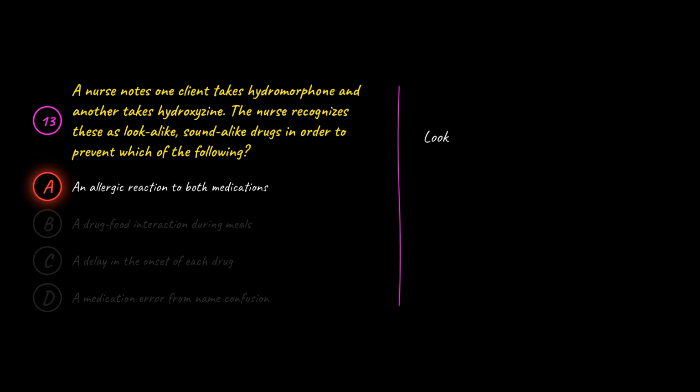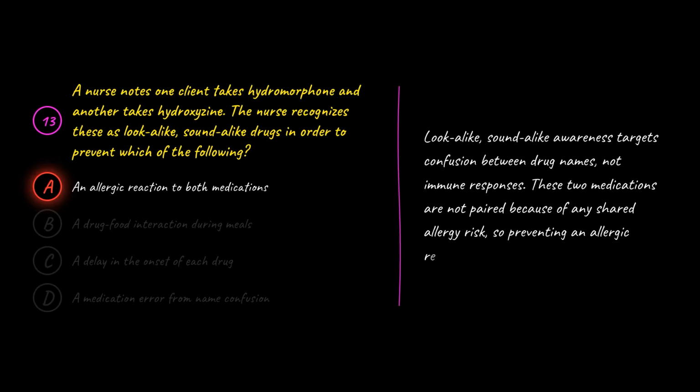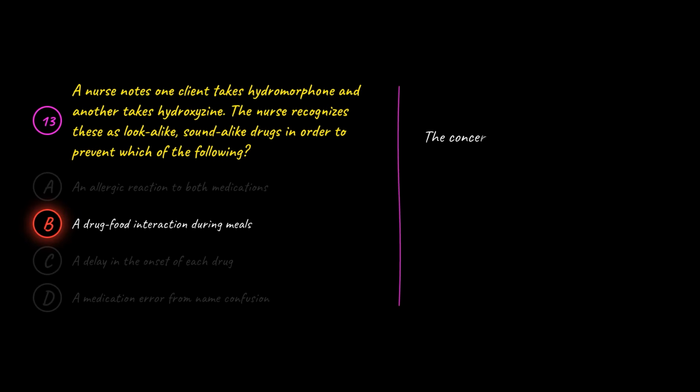A is wrong because look-alike, sound-alike awareness targets confusion between drug names, not immune responses. These two medications are not paired because of any shared allergy risk, so preventing an allergic reaction is not the purpose of the list. B is wrong because the concern with these names is mixing up the drugs themselves, not how food affects them.